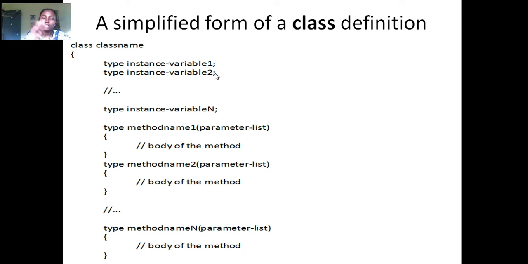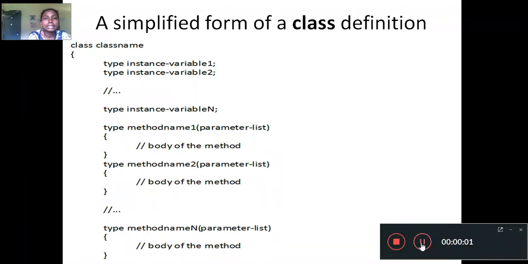The variable which is defined within the class is known as your instance variable. And why is it called an instance variable? Because an instance of the class is called your object.